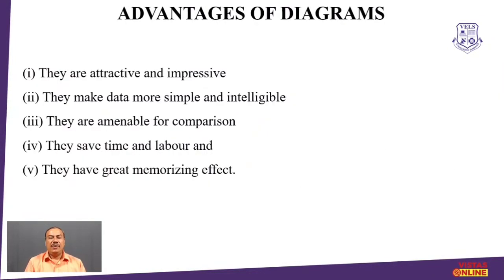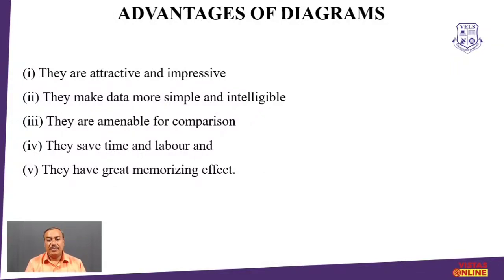What are the advantages of diagrams? After data collection, classification, and tabulation, we need to represent our data in visual form. Without using any mathematical knowledge, we can easily understand the data.